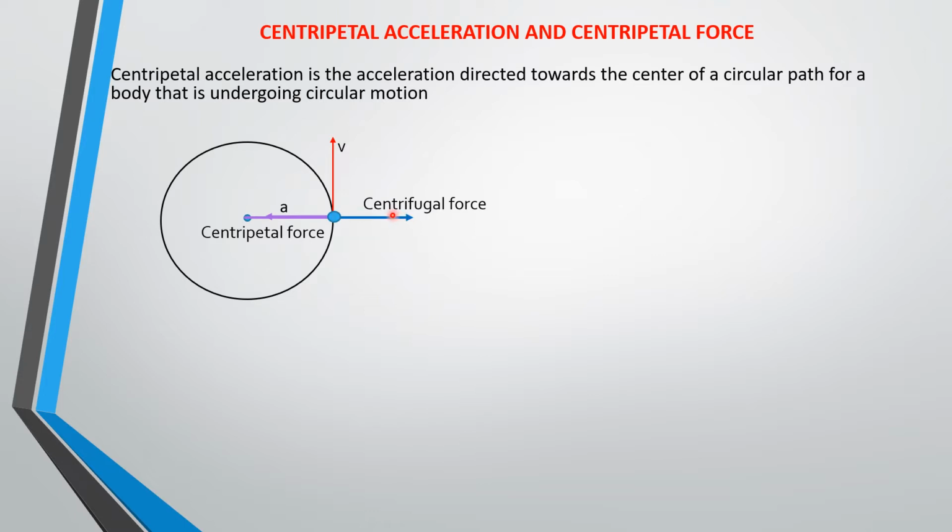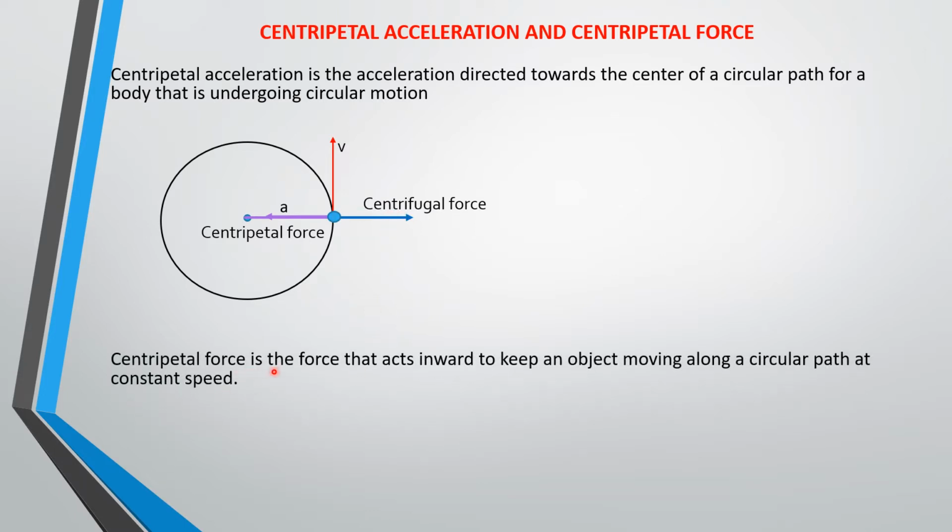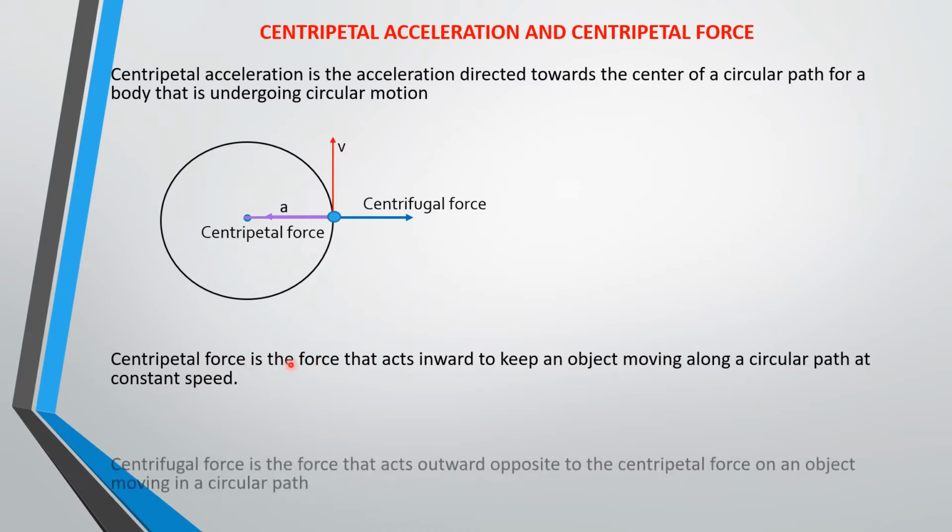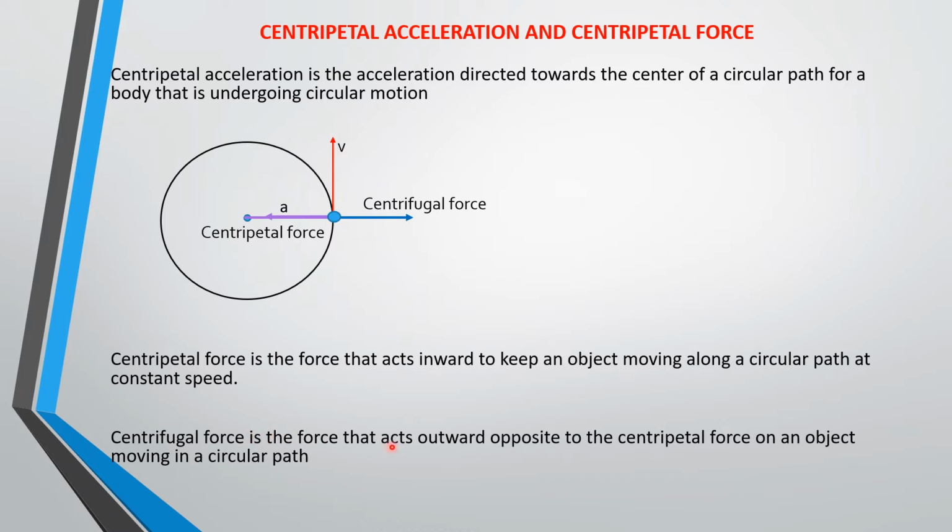Centripetal force is that force that acts inward to keep an object moving along a circular path at constant speed. While centrifugal force is the force that acts outward, opposite to centripetal force, on an object moving in a circular path. That is what I just described in this diagram.